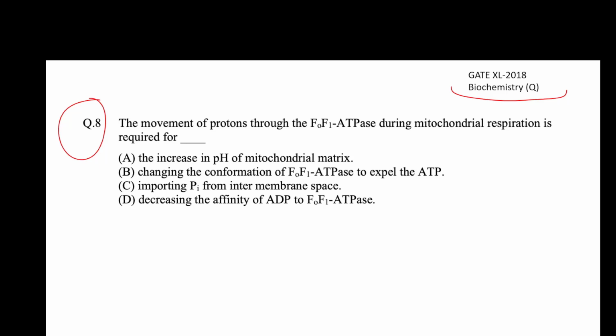NADH and FADH2, as they are not converted into ATP directly, enter the mitochondrial matrix, and there, from the electron transport chain, there is a movement of protons, and then the energy generation steps happen. As I mentioned, via the electron transport chain we have the movement of electrons.